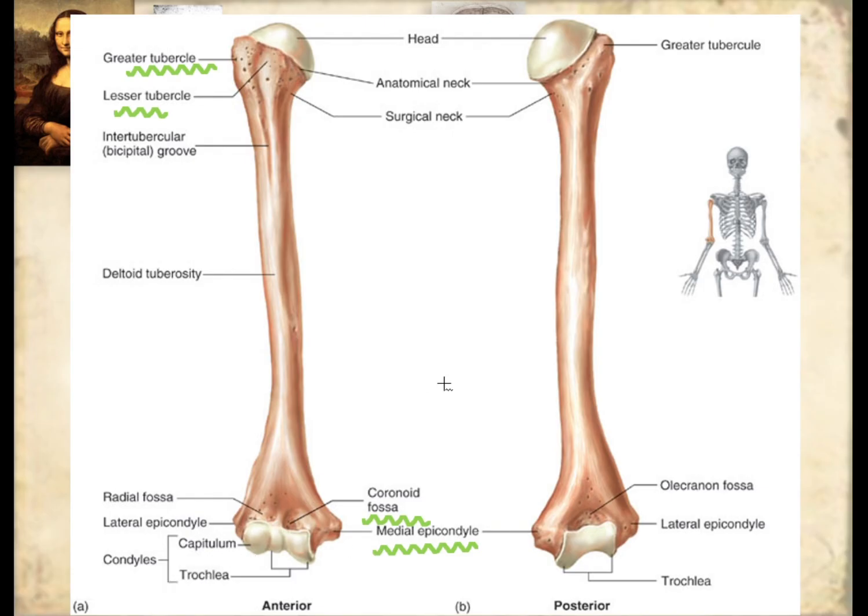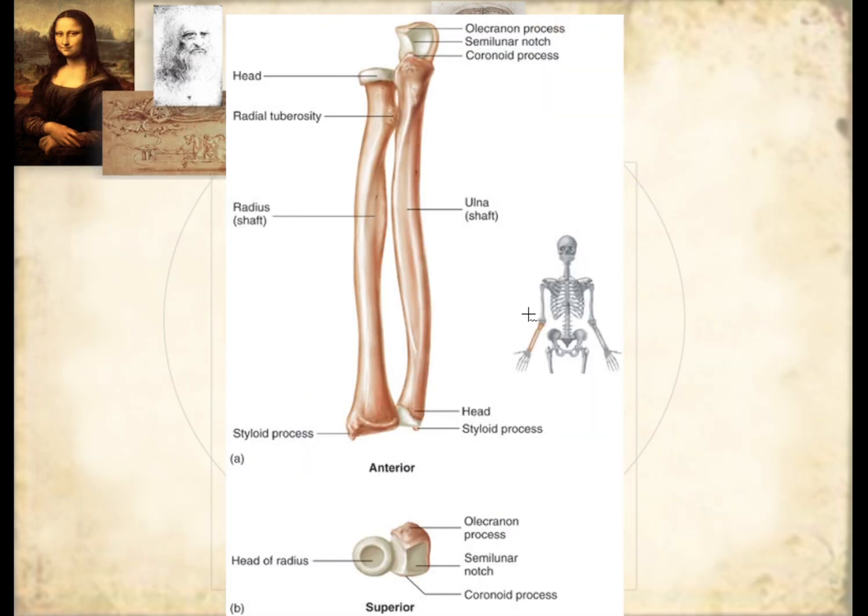This part is the anterior part and this part is the posterior part. Next, this is the radius, the long part, with the head part, and then the radial tuberosity. This part is known as the ulna.